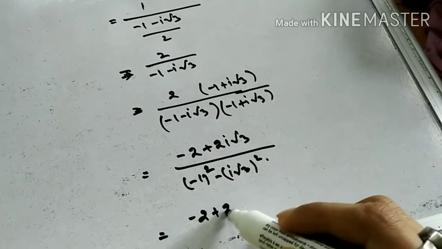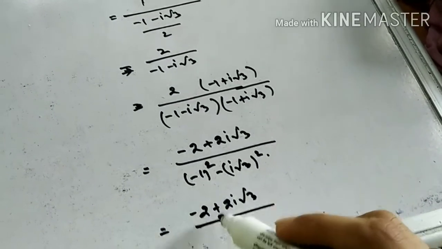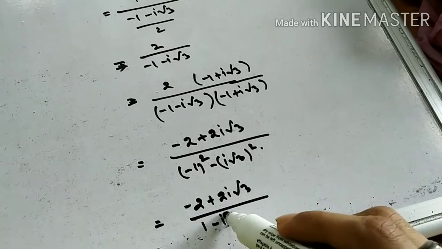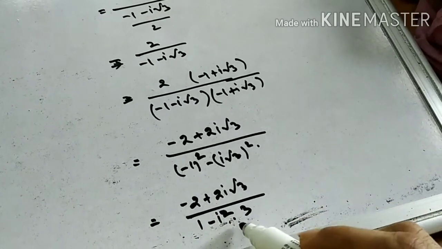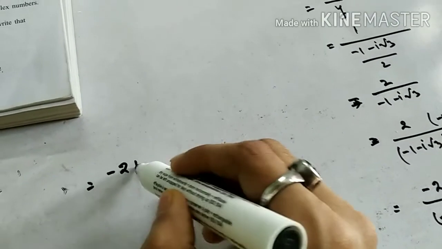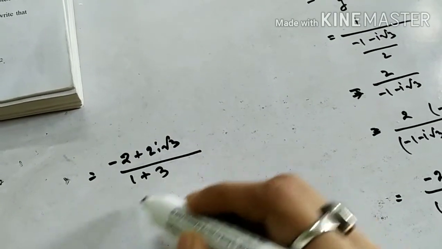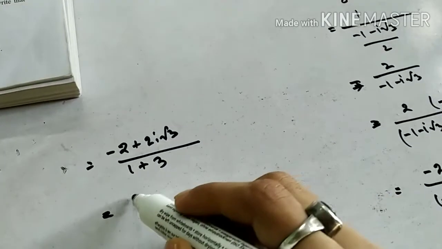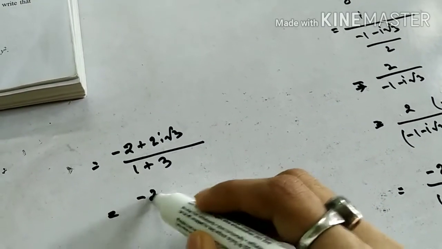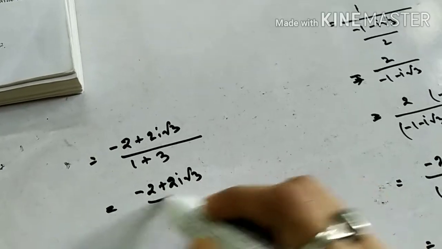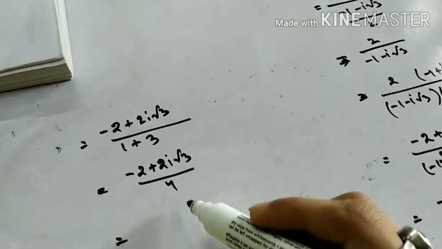So minus 2 plus twice i root 3 over 1 minus i square into 3. So this ultimately you will get minus 2 plus twice i root 3 by 1 plus 3. So minus 2 plus twice i root 3 by 4 I will get.